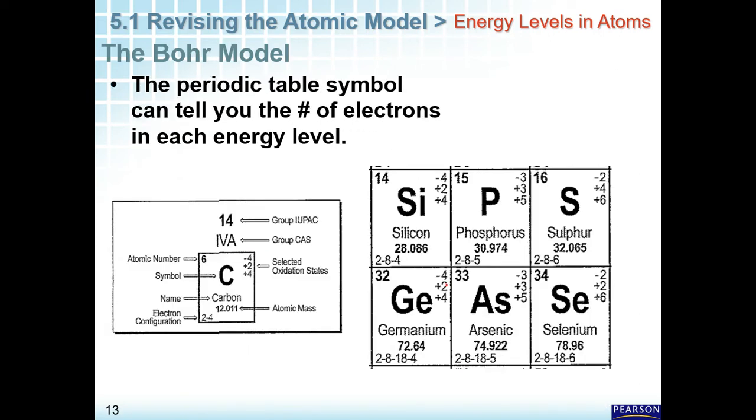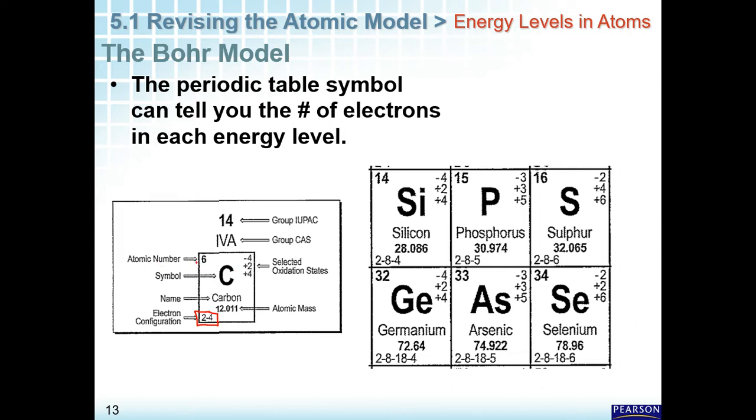Now, the periodic table symbol, if you look at it, can actually tell you the number of electrons in each energy level. I took this snippet out of the periodic table I have on my website, and it tells you right down here on the bottom, called an electron configuration. Carbon has 6 total electrons in it, because in a typical atom, protons equal electrons.